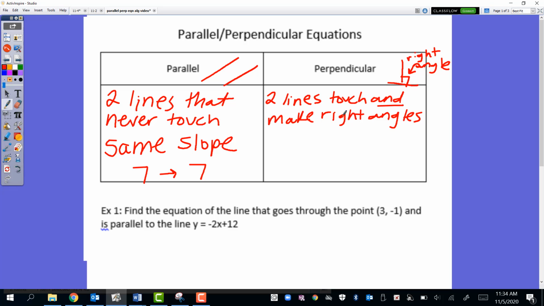For perpendicular, they don't have the same slope. They're going to have a flip and switch slope, which means they flip the fraction and switch the sign.